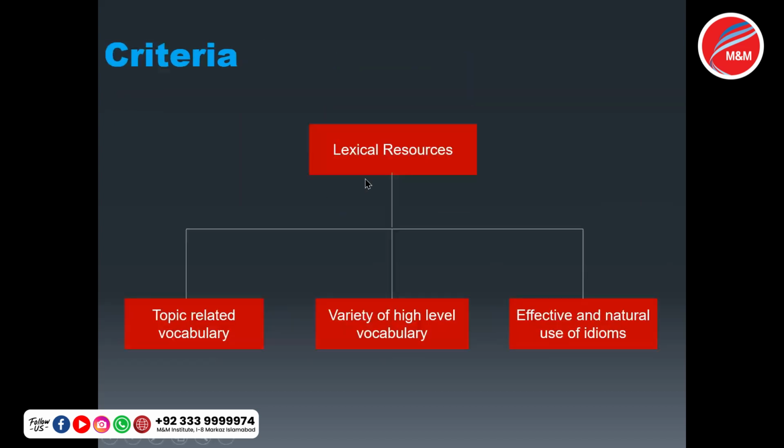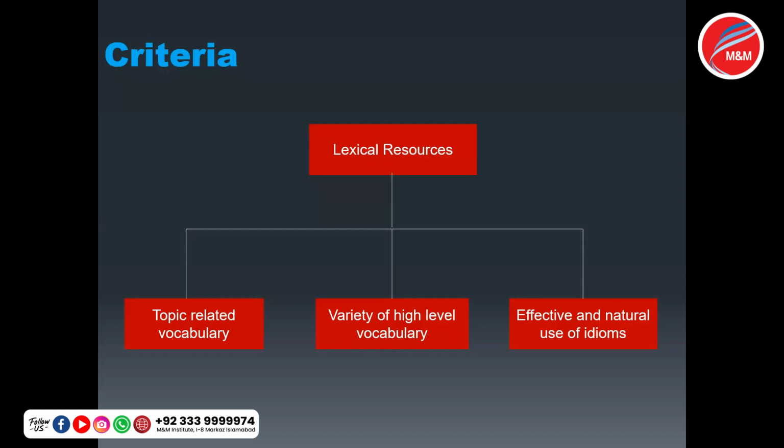That is followed by the lexical resources. In terms of lexical resources, it's your topic related vocabulary, in simple words, or the broad range of vocabulary. In terms of vocabulary, you have two things. The first one is the topic related vocabulary, and the second one is the range of simple words.